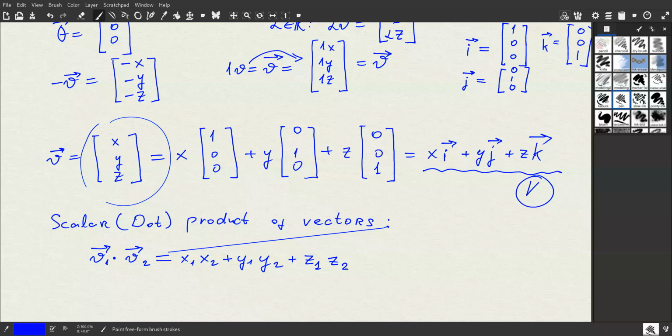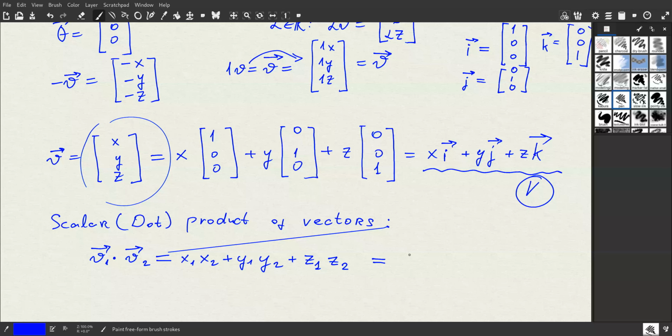And it has been demonstrated for two-dimensional vectors, and then it can be expanded to 3 dimensions as well, that there is another property of these vectors: the scalar product of the vectors is equal to the product of their absolute values times cosine of angle between them.